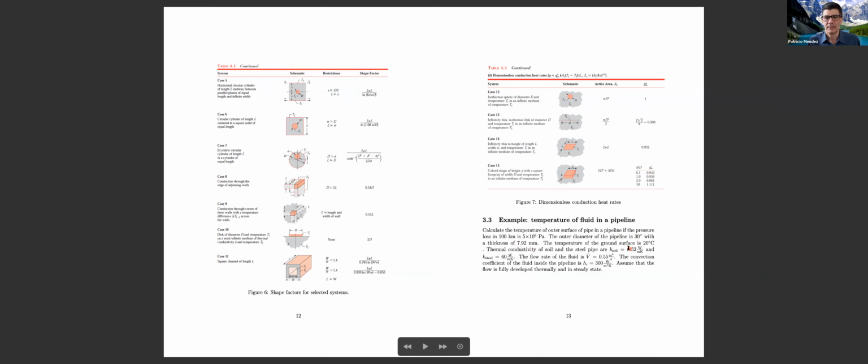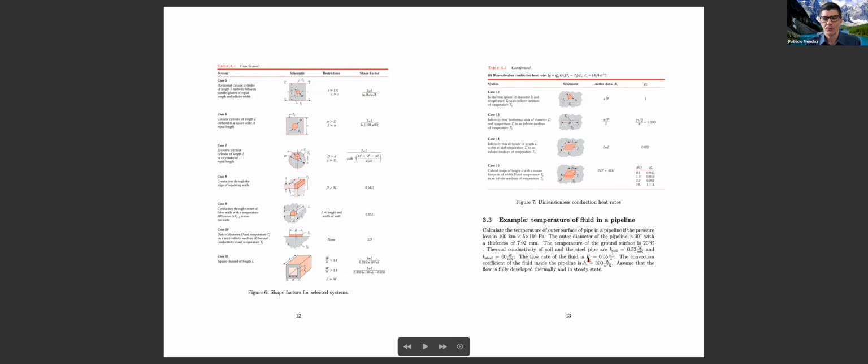Let's say that the surface of the ground is at 20 degrees C for this example, and that is constant. Very realistic for something in our spring and summer, or summer and fall, right? I have the thermal conductivity of the soil here that is tabulated, more or less known, and depends on the type of soil you have, but this is representative of what we have in Alberta, and the thermal conductivity of steel.